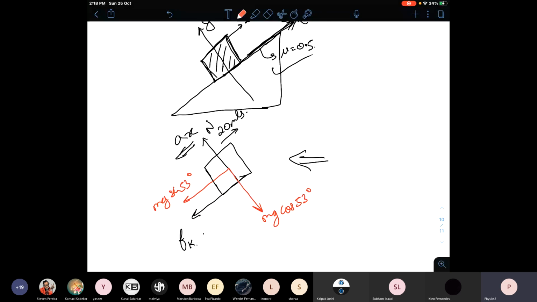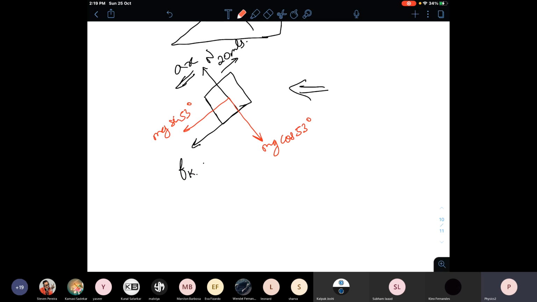Now let's solve this question in two directions, that is, in the x direction and in the y direction. In the x direction, you can write Fx equals max: the net force in the x direction equals mass into acceleration.